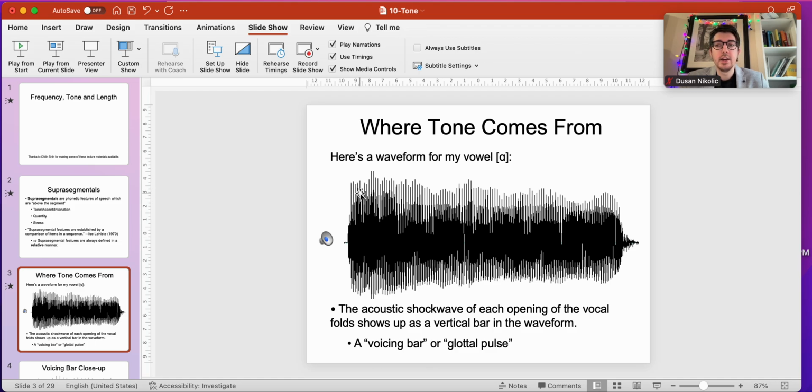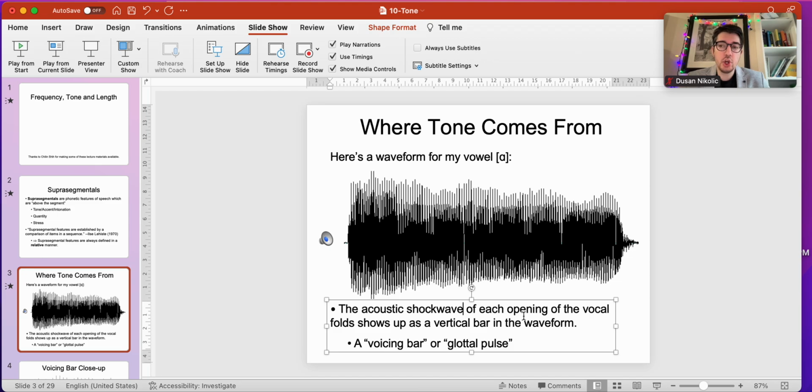Fourth cycle. But there are some smaller spikes around here, and it's essentially a complex wave, so it's not so easy to determine this, right? But this acoustic shock wave, and deliberately we call it a shock wave, of each opening of the vocal folds shows up as a vertical bar in the waveform.